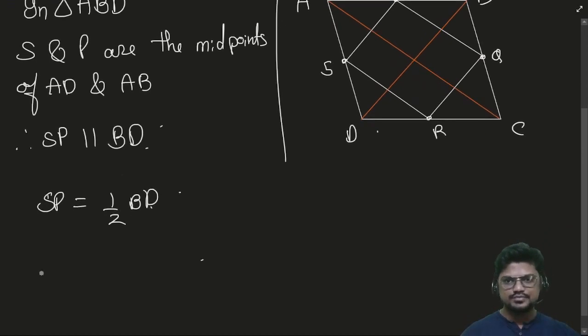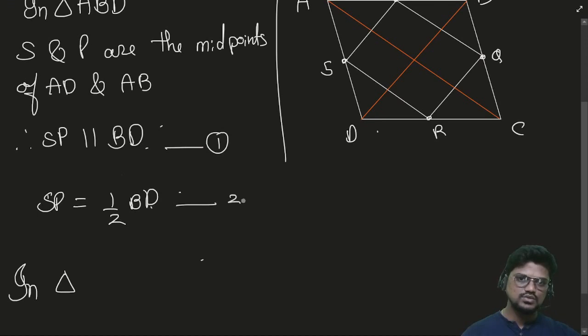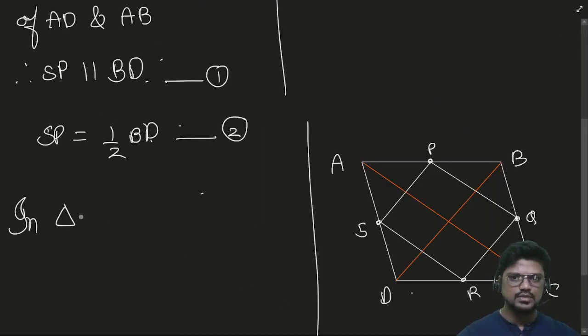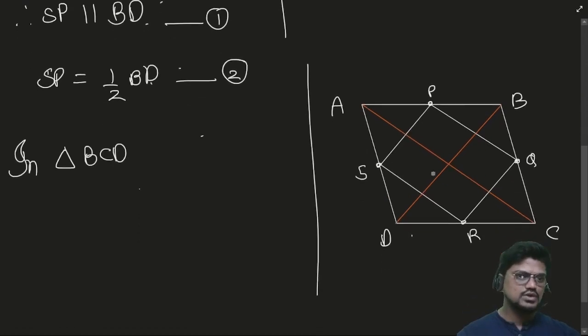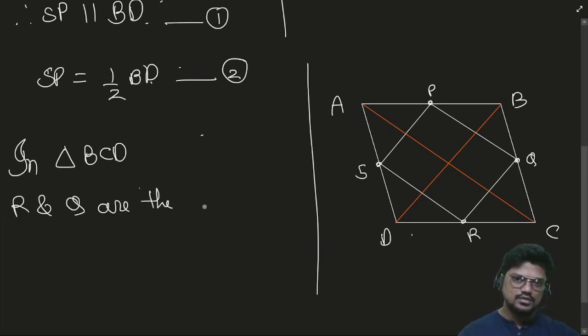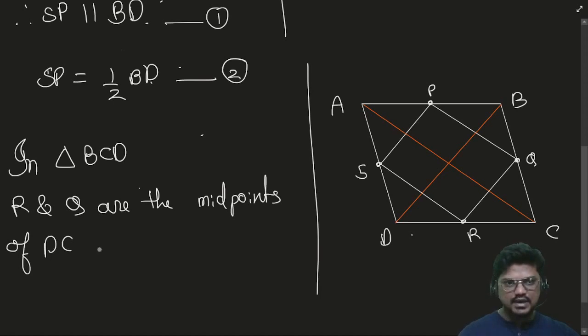Now also, in triangle BCD, can I say R and Q are the midpoints of DC and BC?